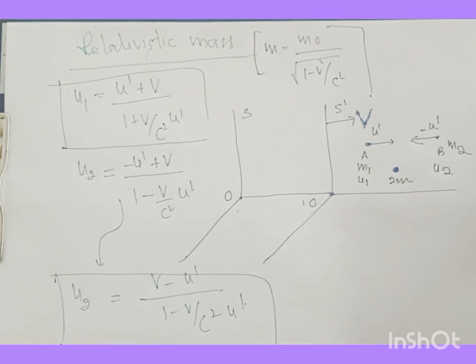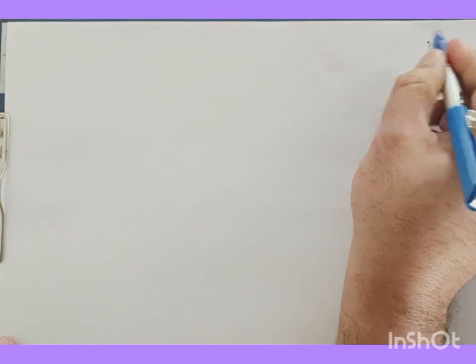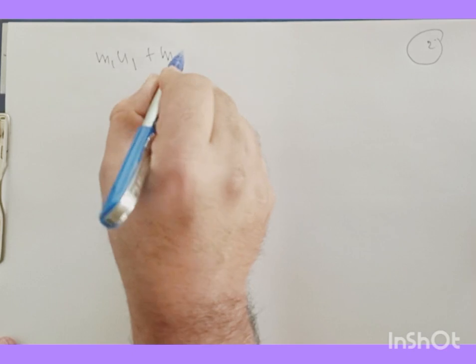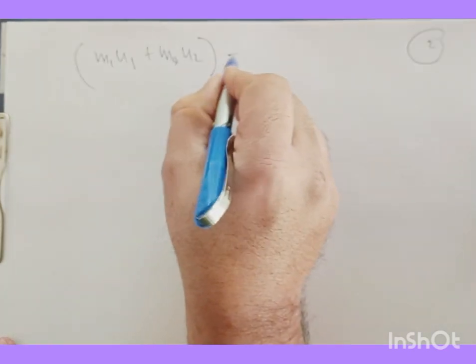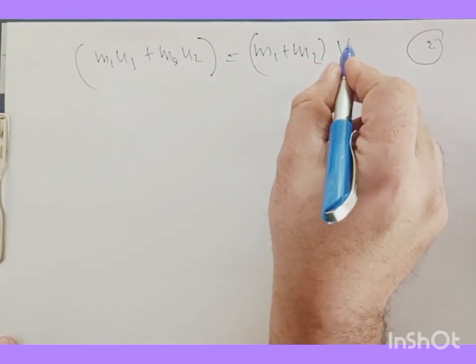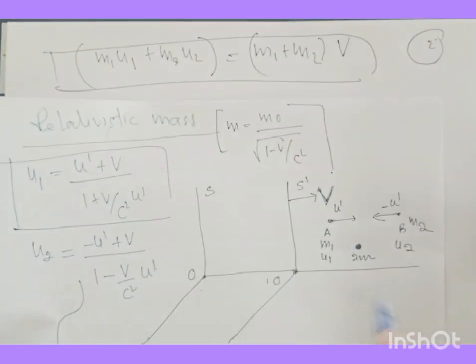So let us write down this conservation of momentum for these two balls: m1u1 plus m2u2 must be equal to m1 plus m2 times v. Now, v is the velocity with which the frame S dash is moving, while 2m is momentarily at rest. All right, so for u1 and u2 we can use the expressions here.